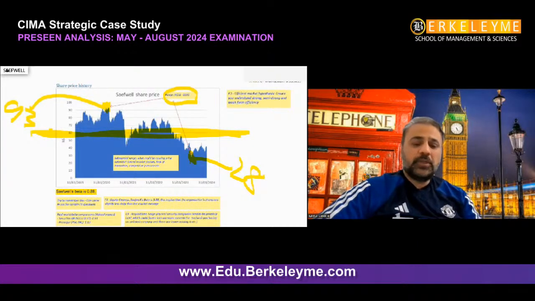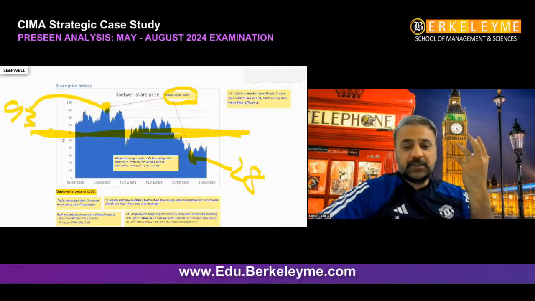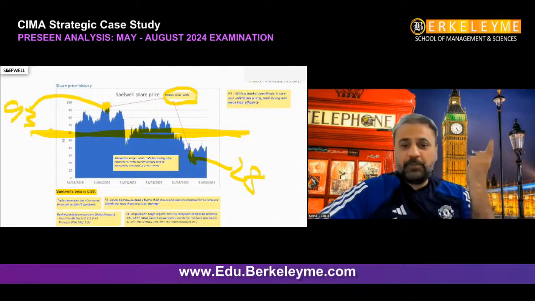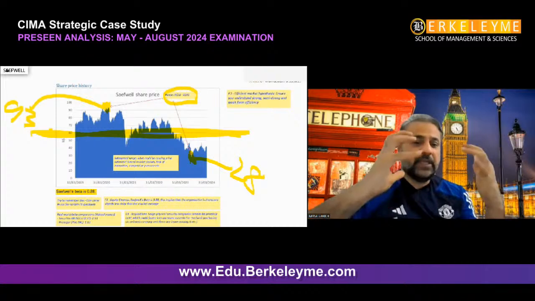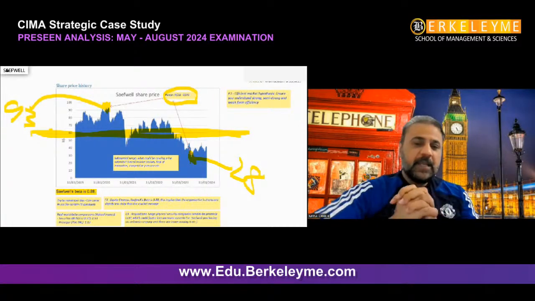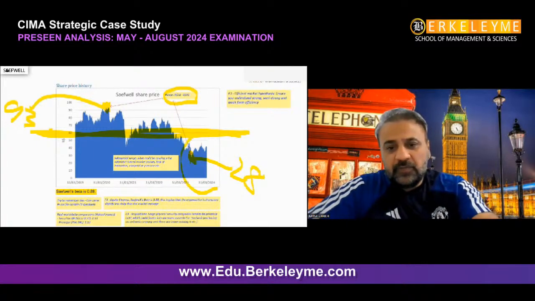But in all the exams of the CIMA strategic case study, he doesn't give us the reasons for these ups and downs. So 99% of the time we need to assume what's going on, what the options could be, and we have to link, of course, the other information with this information. But on top of it, let's assume this is 2024.